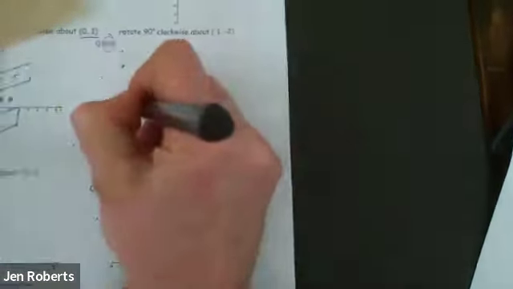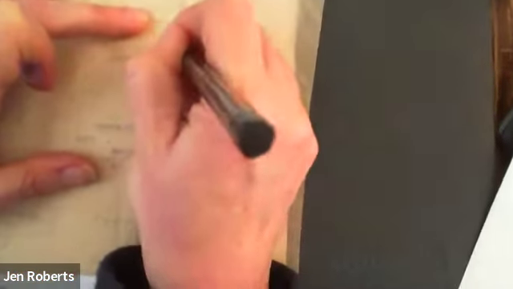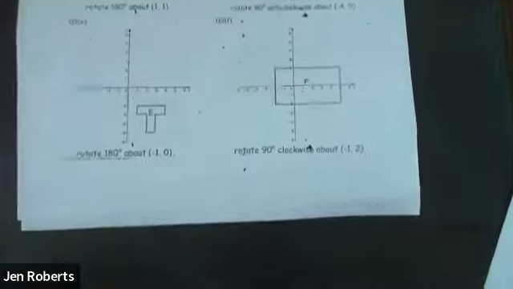Part D, 90 degrees anti-clockwise, -4, 0. And part E, 180 degrees, -1, 0.